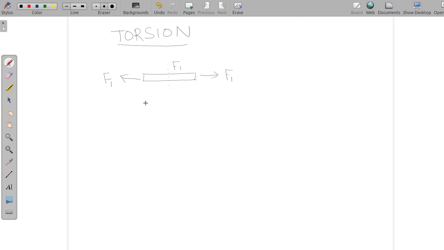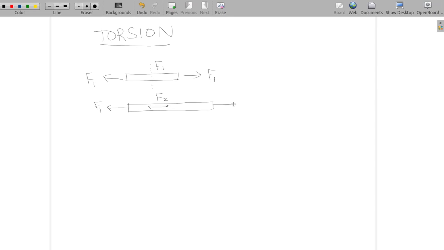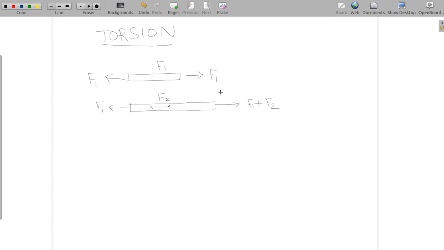And let's say you have another bar here which is subjected to force F1, F2, and F1 plus F2 here.